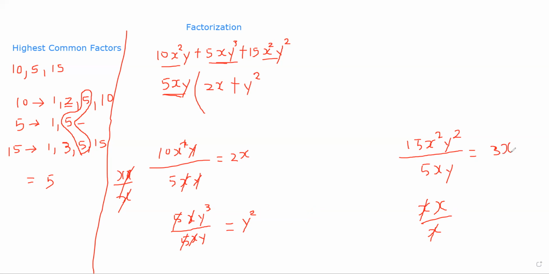Then we have y at the top, y at the bottom, so 1 cancels out with 1, and you have 1 at the top. So therefore you put the 1 there. So it could be plus 3xy. And that's how you basically factor it.